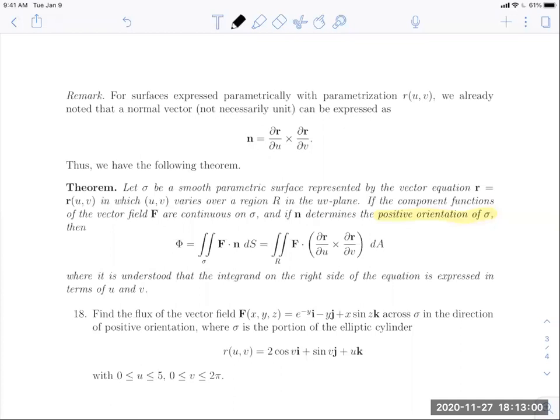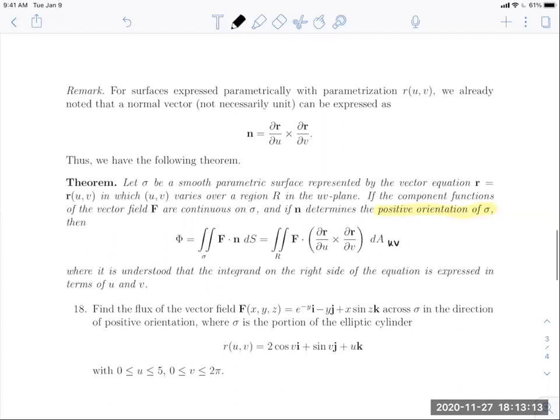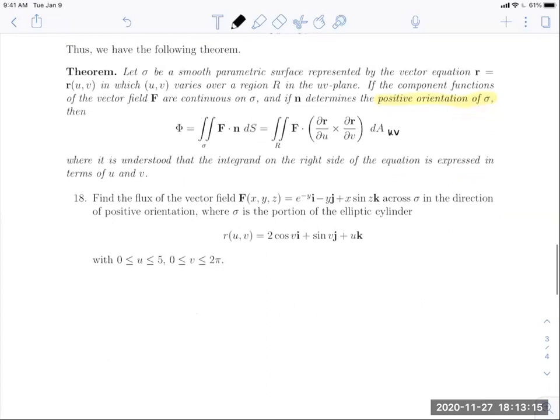Here it's understood that the integrand on the right side of the equation is expressed in terms of u and v. So if you want, you can write a little subscript uv there. So just make sure all of your coordinates are in that setup.